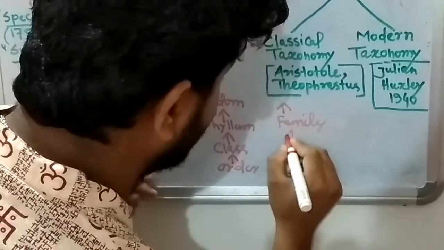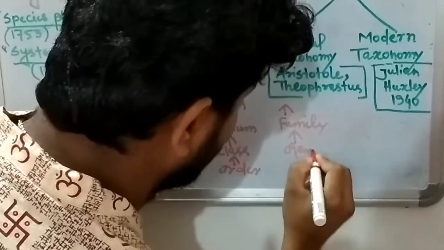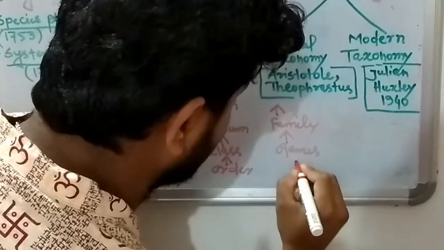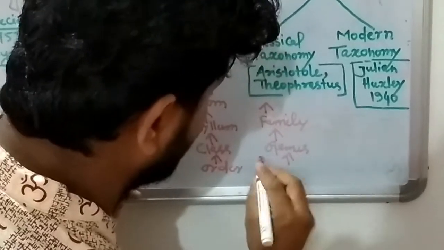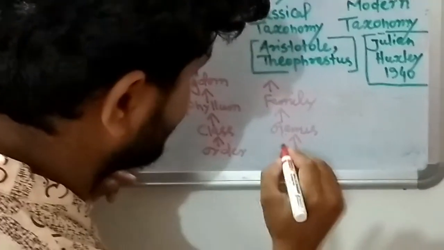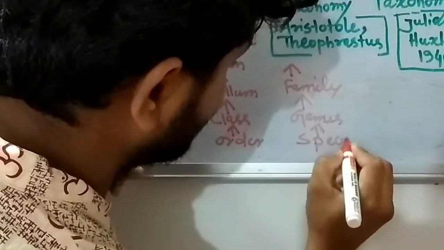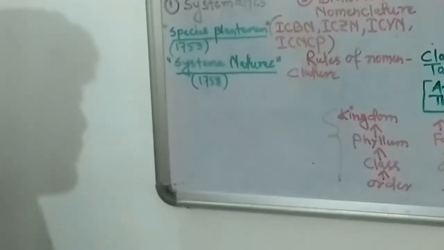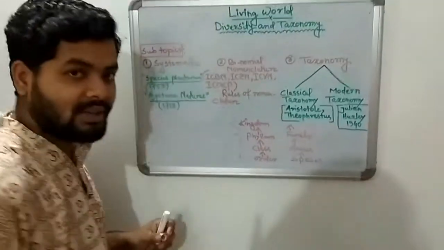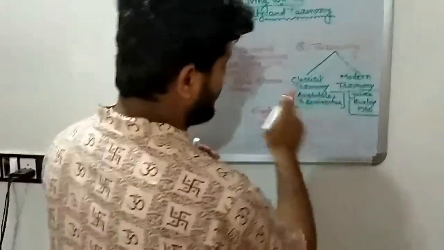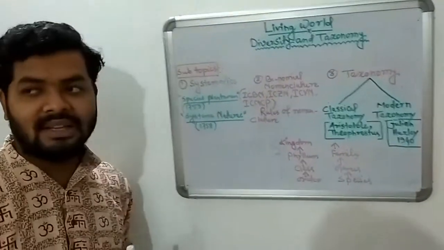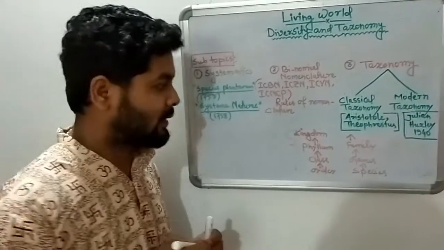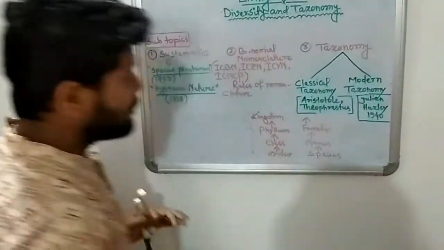Under family there is genus, and under genus, the last or the lowest, is species. So these are the categories of taxa, which is known as taxonomical hierarchy, or it can also be called linear hierarchy.